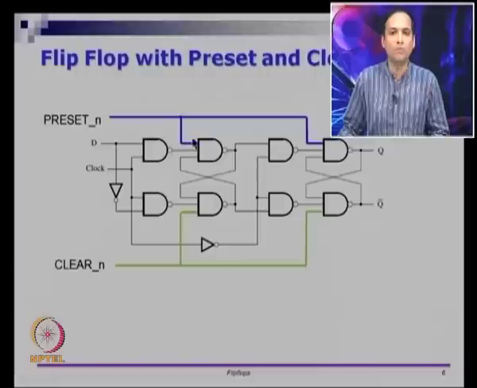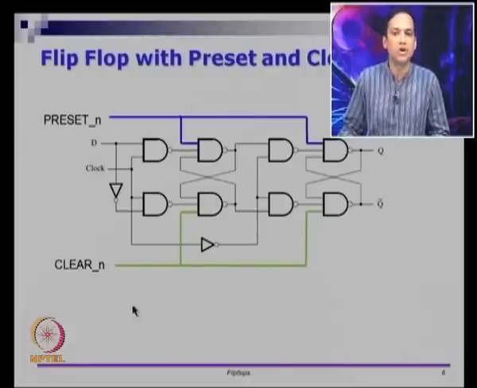On this flip flop, we made these 4 gates 3 input NAND gates and we are bringing a signal called preset here and a signal called clear here. In fact, this is a negative edge triggered D flip flop. Okay. So, now let us see what the preset and clear does.